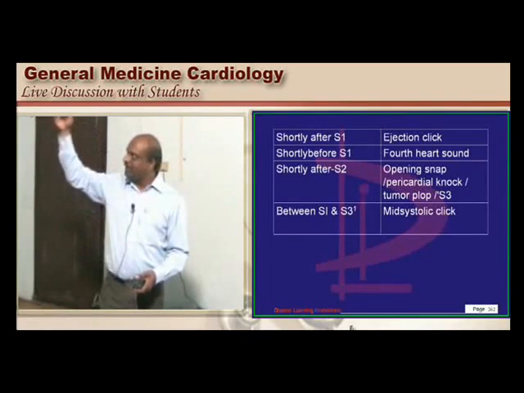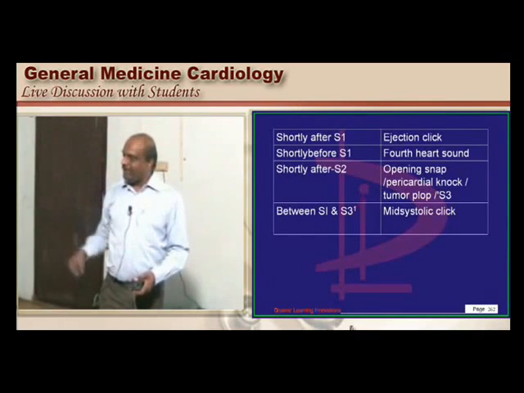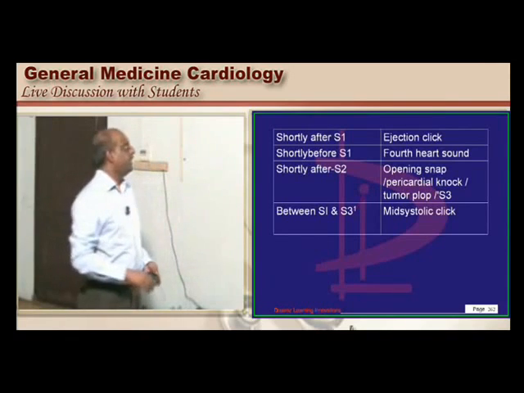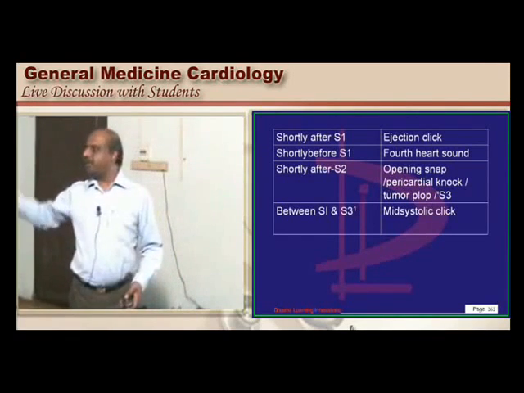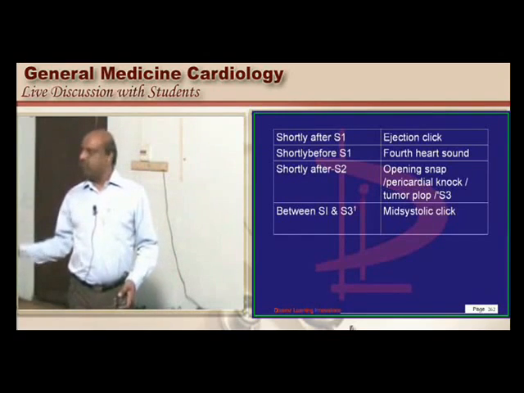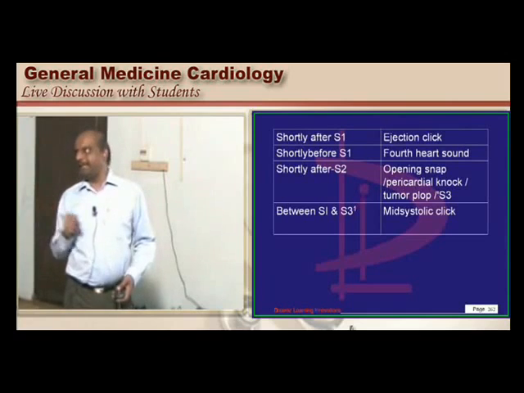So these valvular clicks are happening at the aortic and pulmonary valve level, and they occur after S1. Then shortly before S1, what do you have? S1, S2, S3, S4, S1. So the fourth heart sound, and it is also called atrial gallop basically.